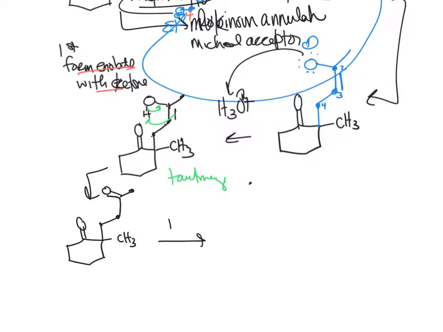And now you still have base, and it's going to form a ring, and this is going to be now your electrophile. Okay, so this ketone that was your nucleophile is now your electrophile, and we're going to form a six-membered ring. So 1, 2, 3, 4, 5, 6.